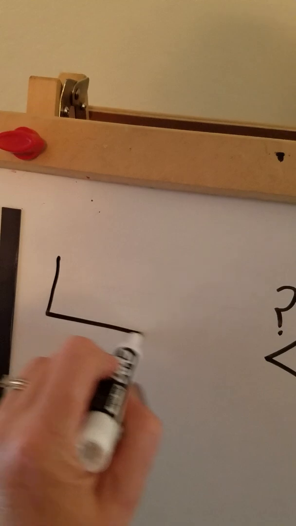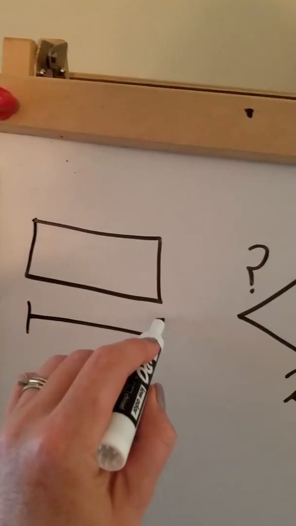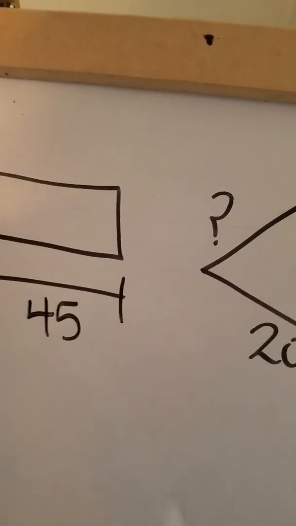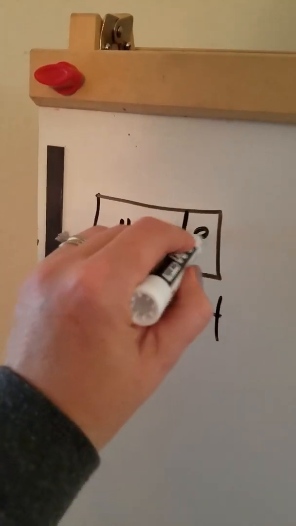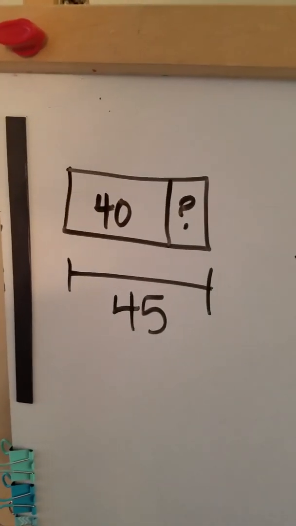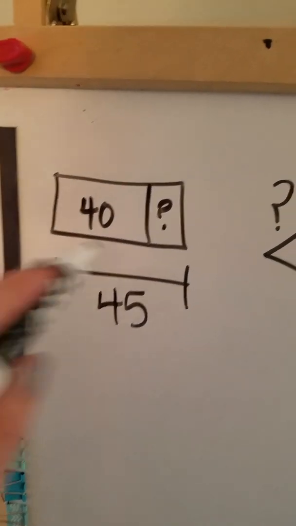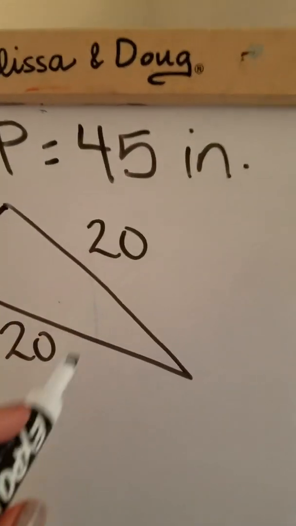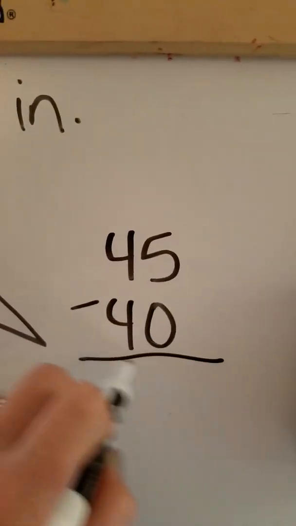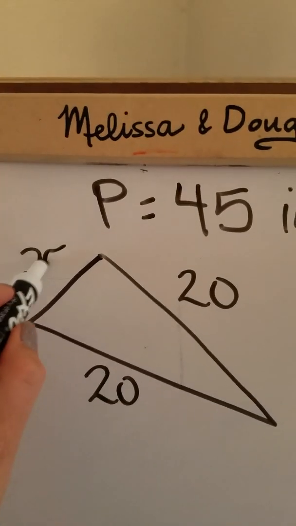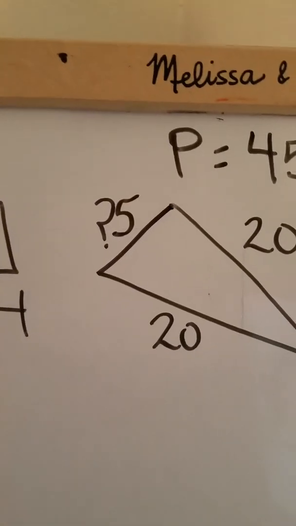So that's just like in our strip diagram. We know our total is supposed to be 45. We know that part of it is 40, and we're looking for that missing piece. So that means that we need to subtract to find what's missing. So 45 minus 40, and we can do that without even writing it down, of course, is 5. So this missing side length would be 5 inches.